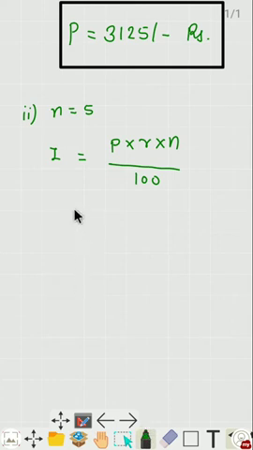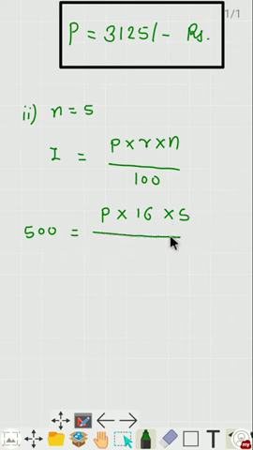Okay, so I is given to be 500, and principal is not known, rate of interest is 16, and n is given to be 5, whole divided by 100.